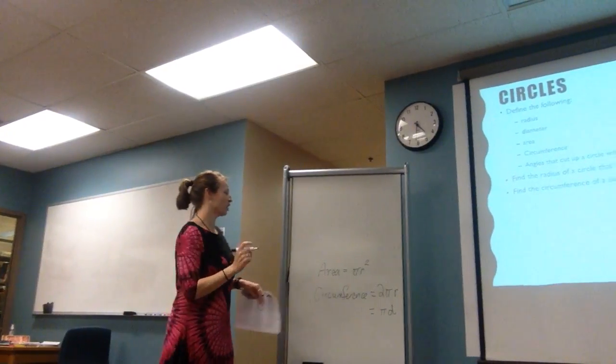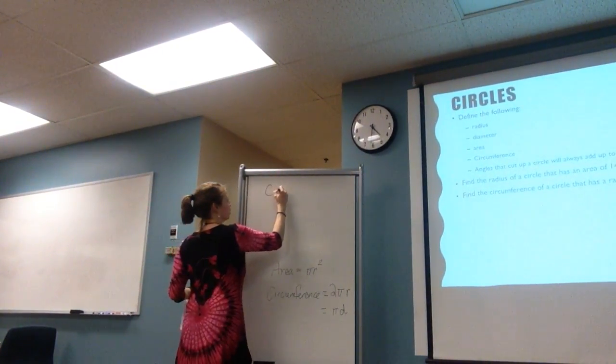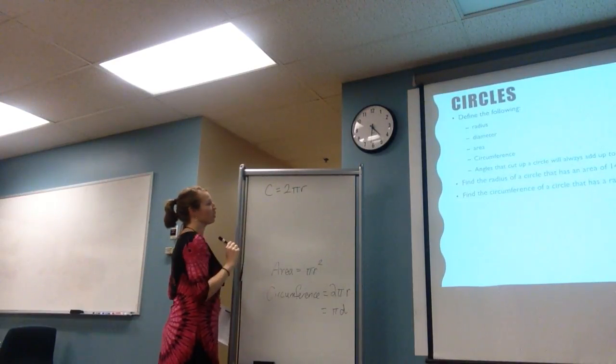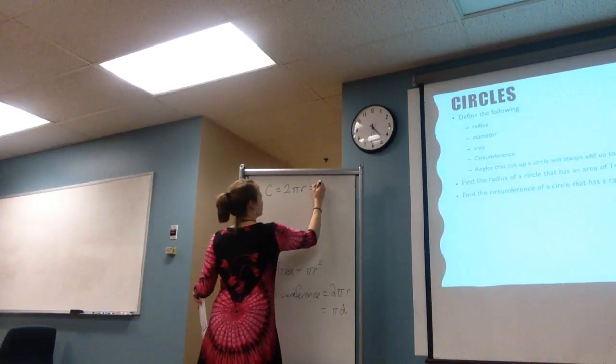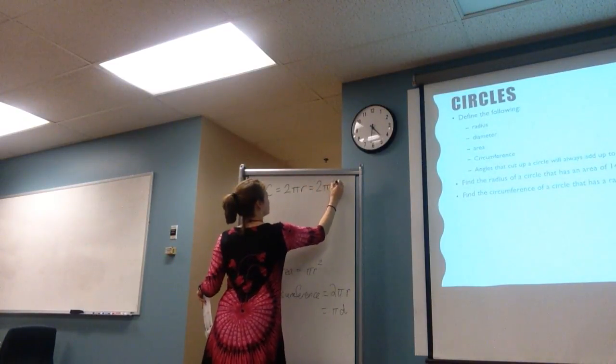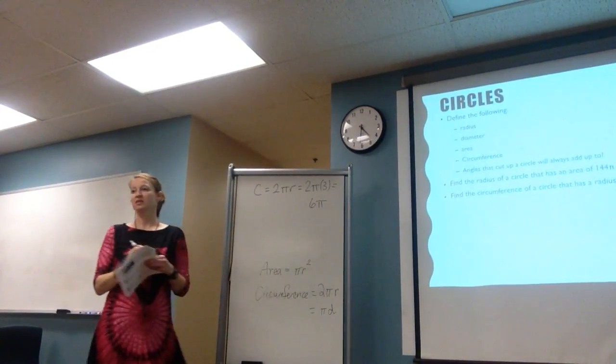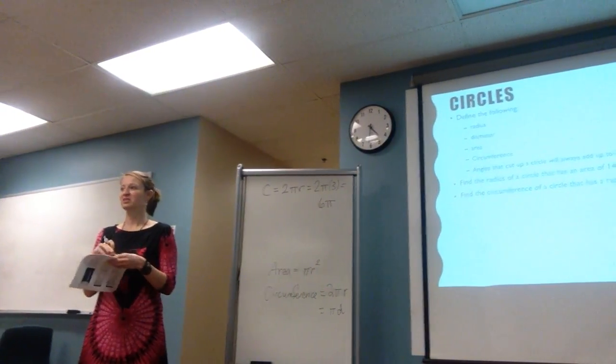All right, so for circumference, we know circumference is 2 pi r. We have a radius of 3, so it's going to be 2 pi times 3, which is going to be equal to 6 pi. Agreed?